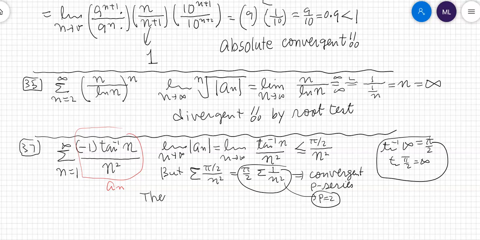Therefore, tangent inverse of n squared, convergent? Absolutely.